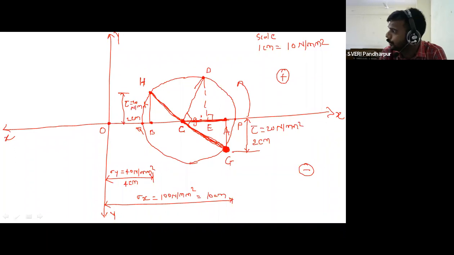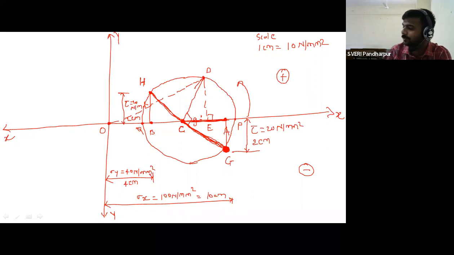Now join our points O to D as a dotted line. Take G as a reference point to represent the 2 theta angle. Because this figure or this member is subjected to the normal stresses also as well as shear stresses also. त्यामुळे ह्या ठिकाणी आपल्याला shear stress पासून 2 theta angle represent करायचा आहे. So join the OD distance.